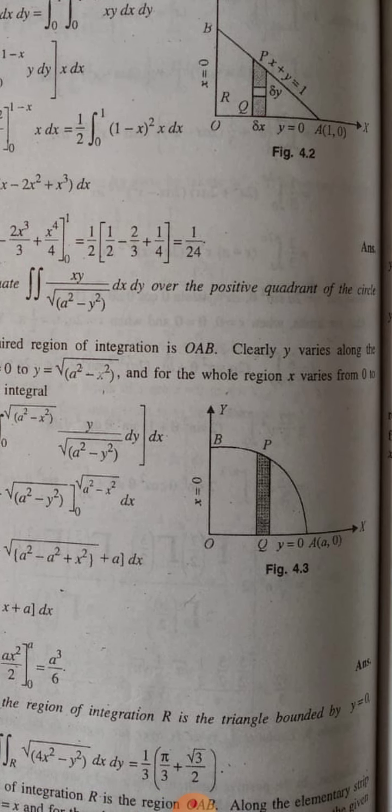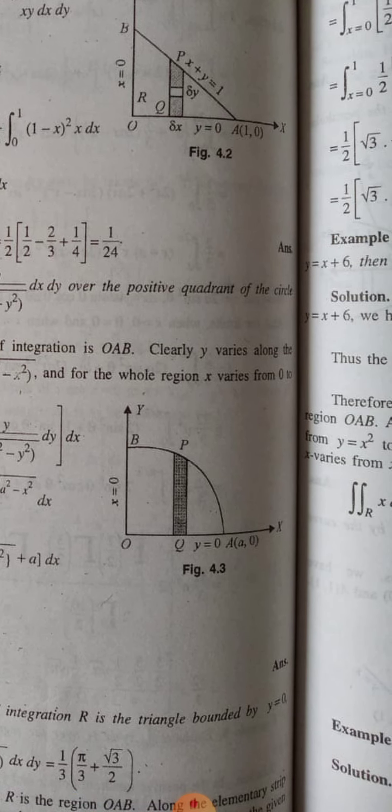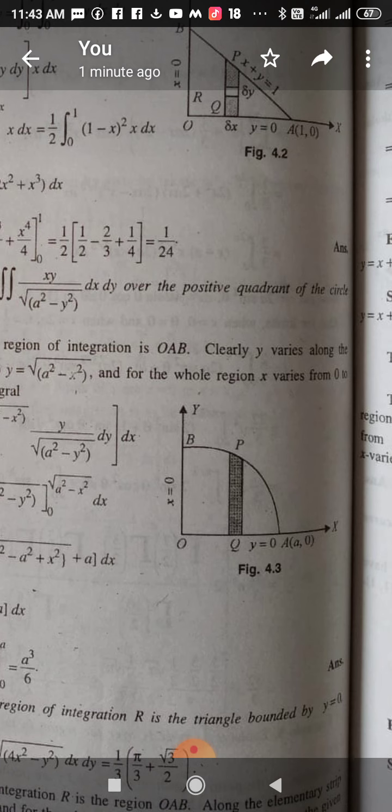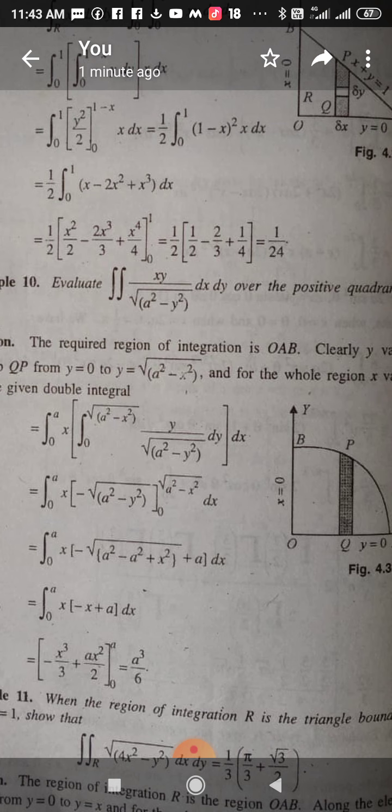In the same way, the limit of y is y equals 0 to y equals under root a square minus x square. It is because this is the boundary of the circle, and the equation of the circle is x square plus y square equals a square. So y square equals a square minus x square, and y equals plus or minus under root a square minus x square. Here taking only the positive value, because only the first quadrant is here.